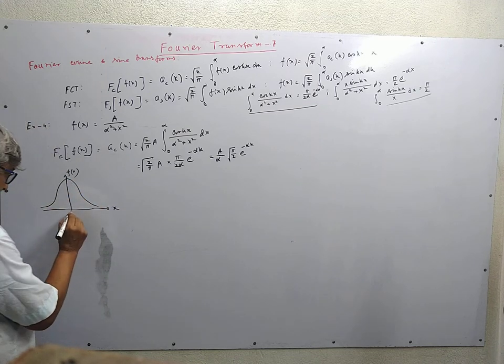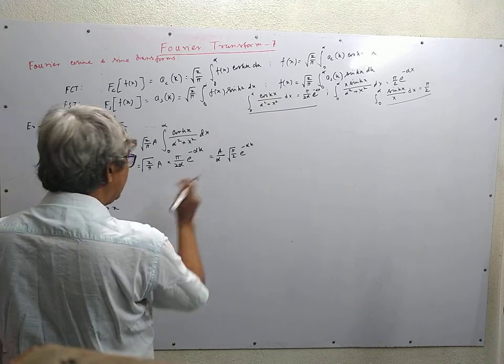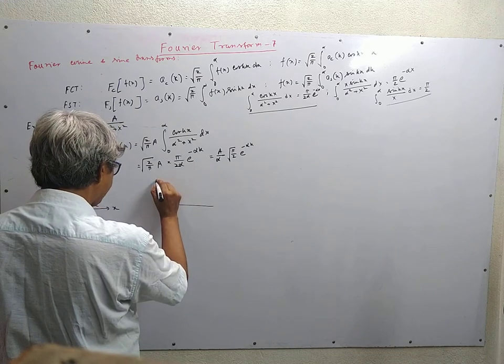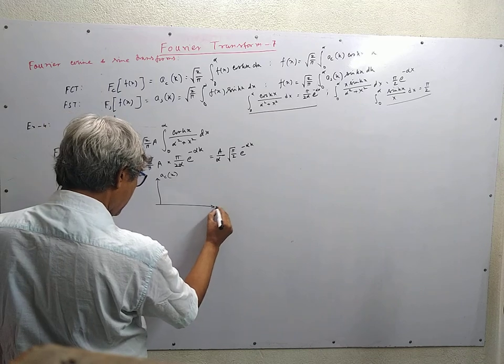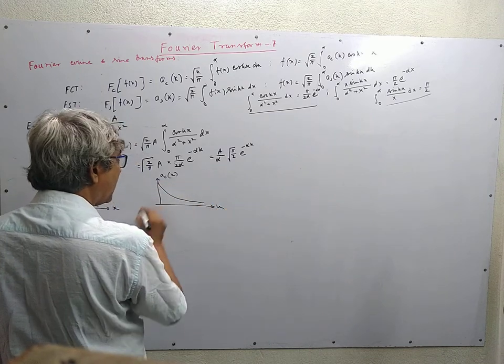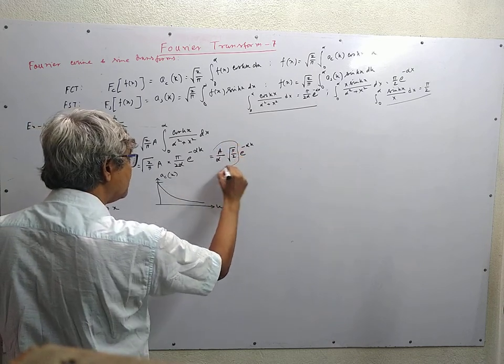It is a symmetric graph, and for this part it decreases exponentially. And this value is this much. This is a peak value.